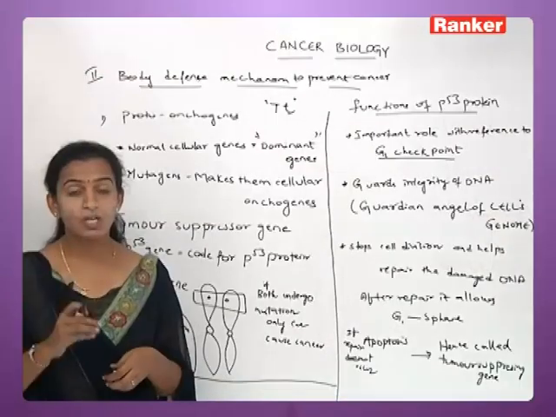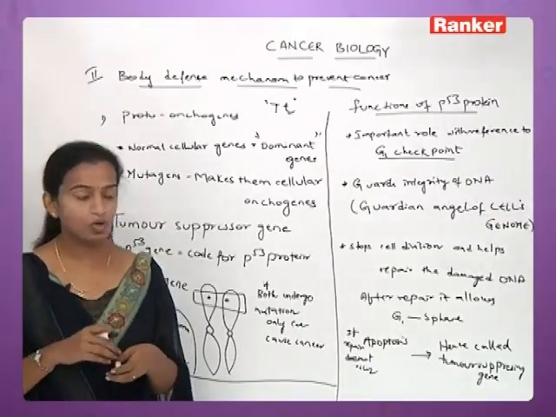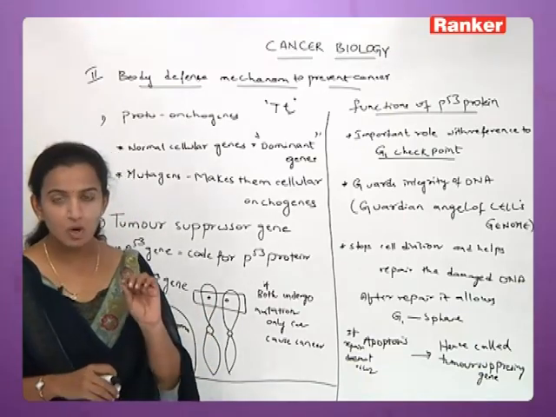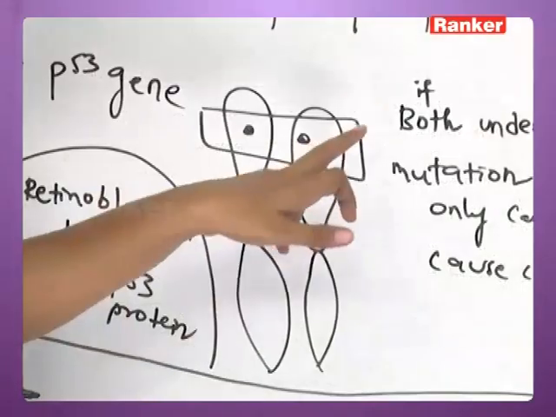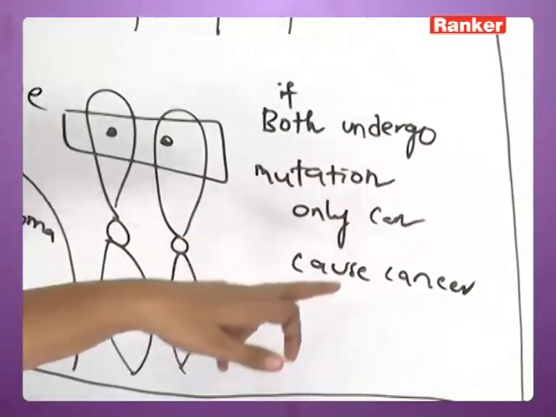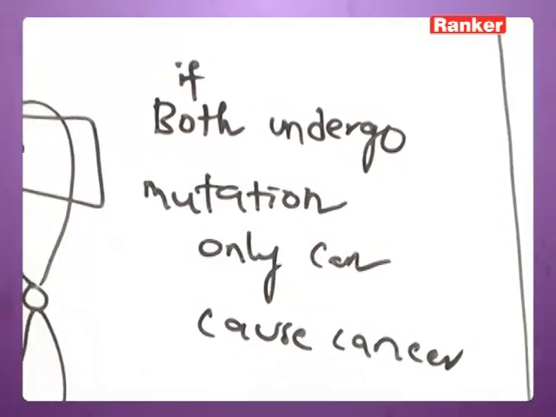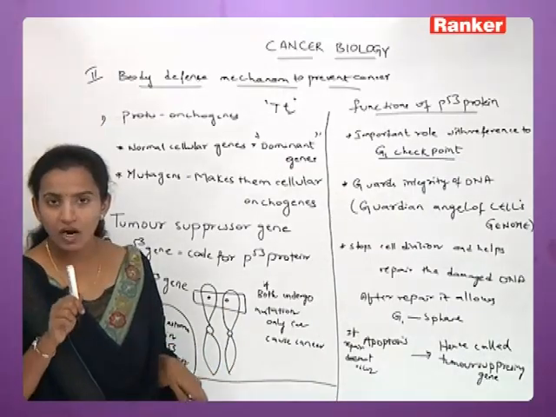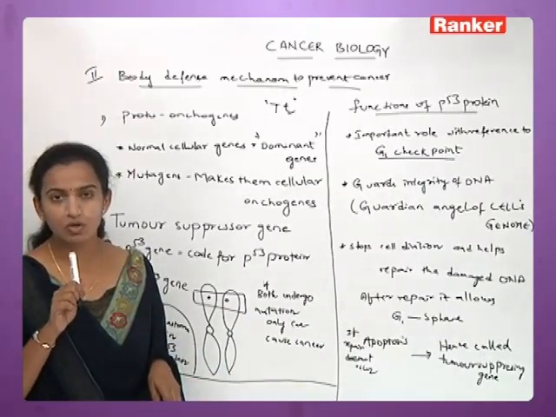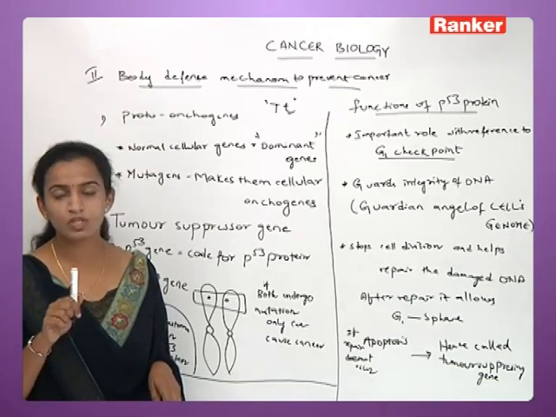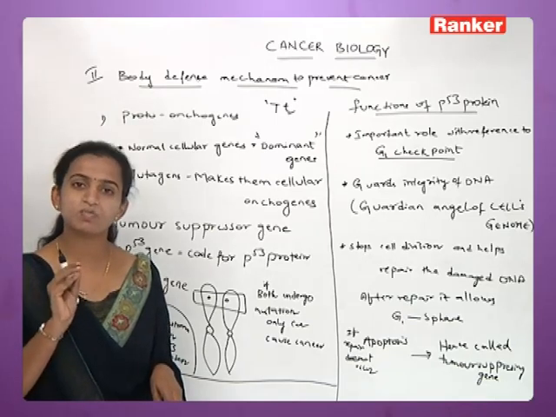So why are these cancers caused? Because if both copies of p53 undergo mutation, only then can it cause cancer. p53 is present on the 2 chromosomes you are seeing here, and even if one gene undergoes mutation, there is no problem. That means p53 will work.